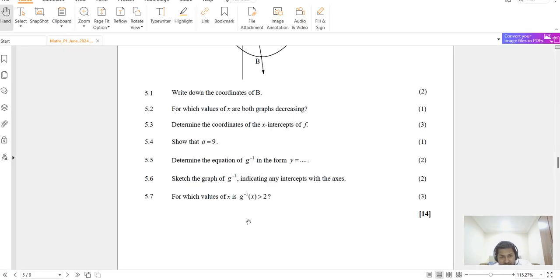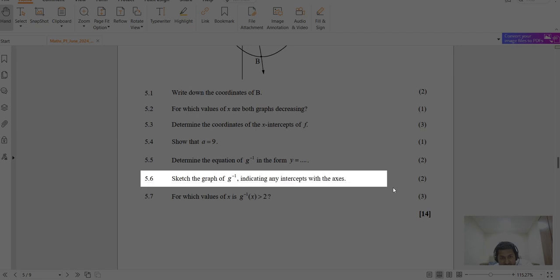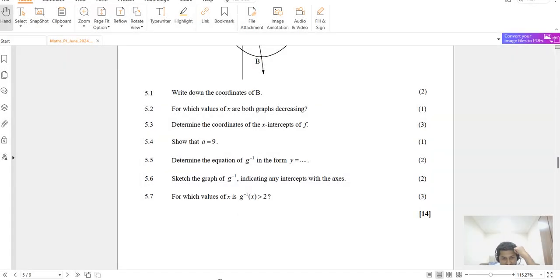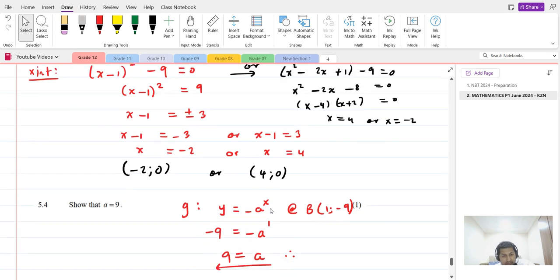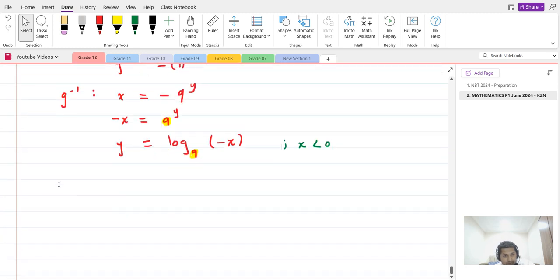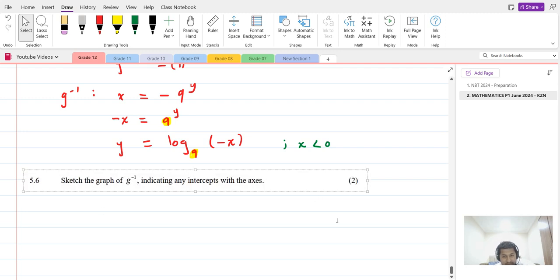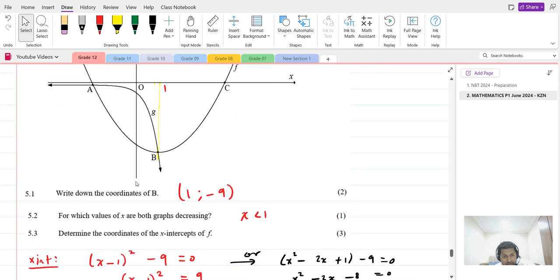Sketch the graph of G inverse. Sketching the graph of G inverse is a reflection of this graph about the line y equals x. So let's take some coordinates from this graph.